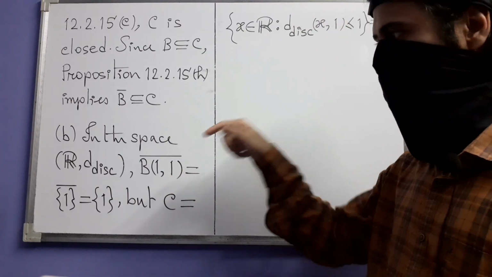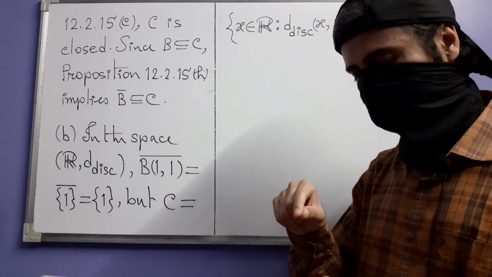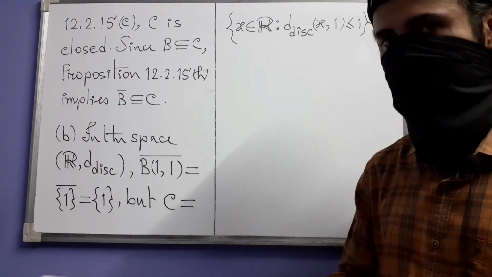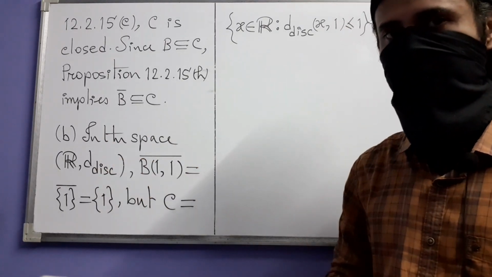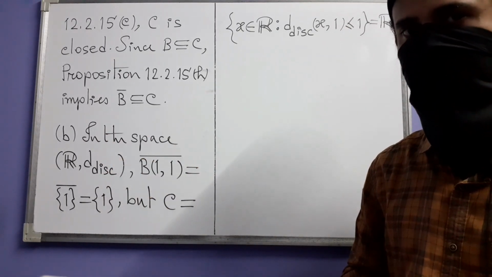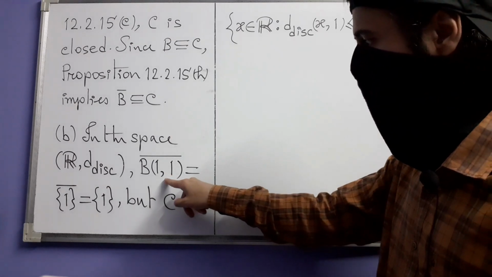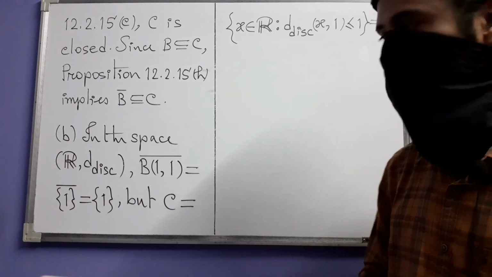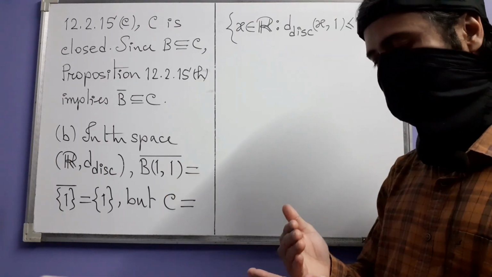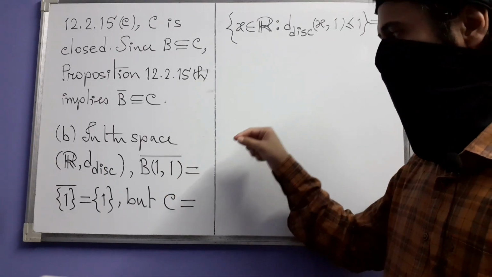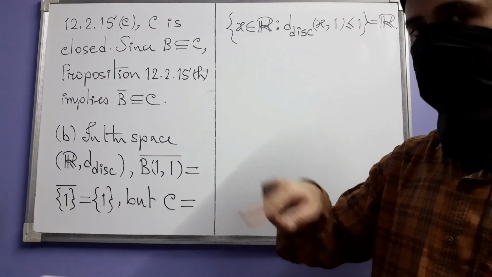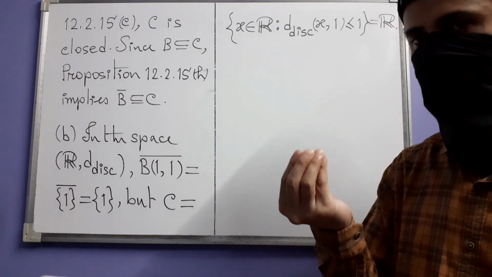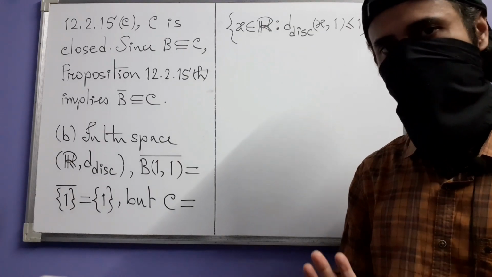You know that in the discrete space there is only one real number whose distance from 1 is less than 1, because this discrete metric can only take 0 and 1 as its possible values. So the only point in this ball is the center 1 itself, nothing else. Any real number which is not equal to 1 has distance equal to 1 from 1, not less than 1. So less than 1 distance, that value is only 0 in this case, the only possible value.